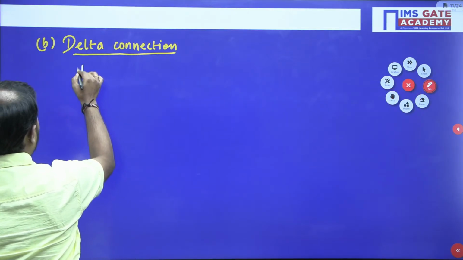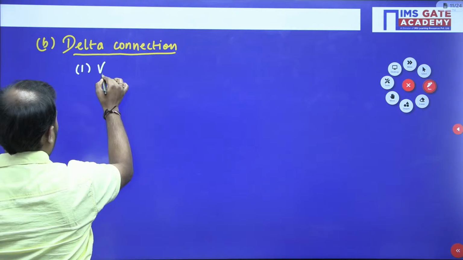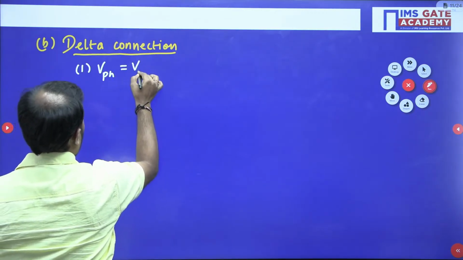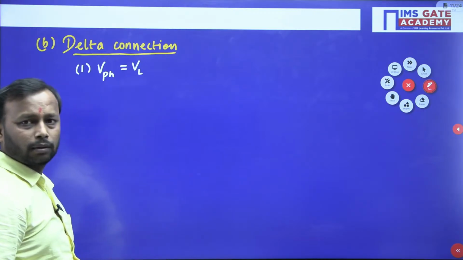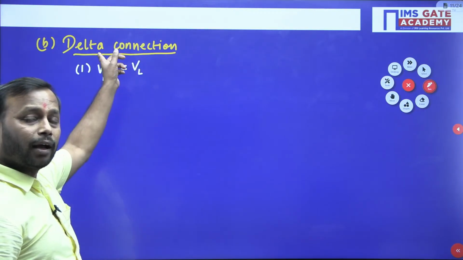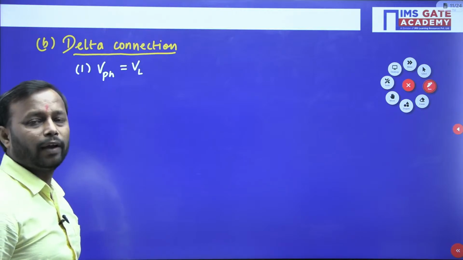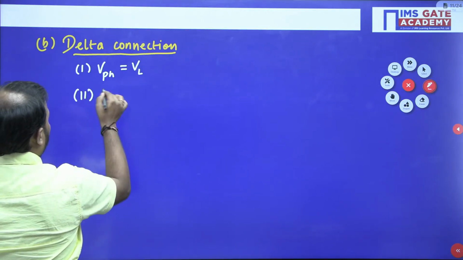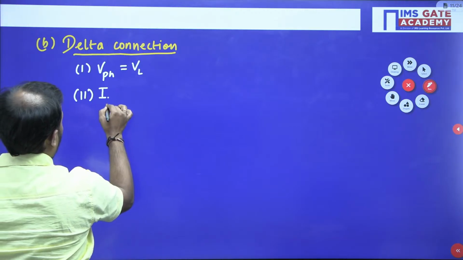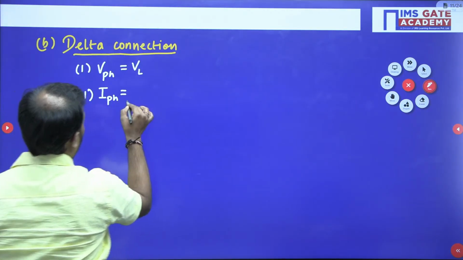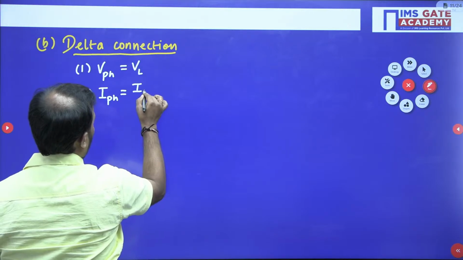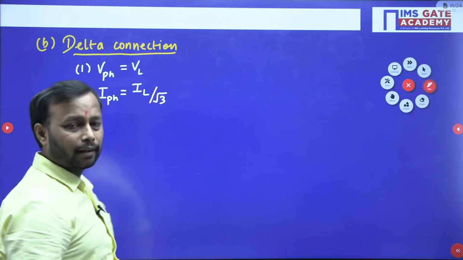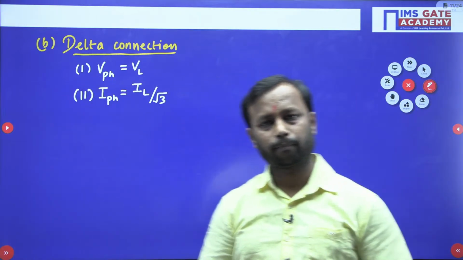First, your phase voltage actual value is equal to the line voltage. In star, line current was equal to phase current, but here it is the opposite. So the phase current is equal to line current divided by root 3.